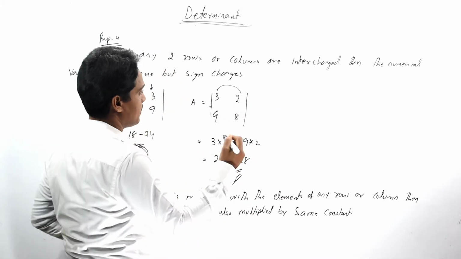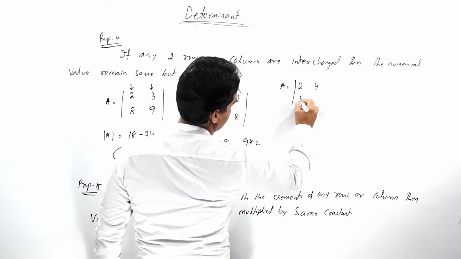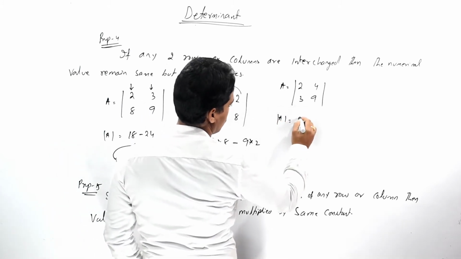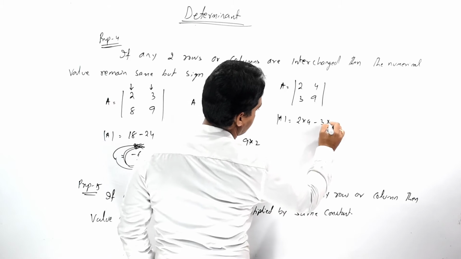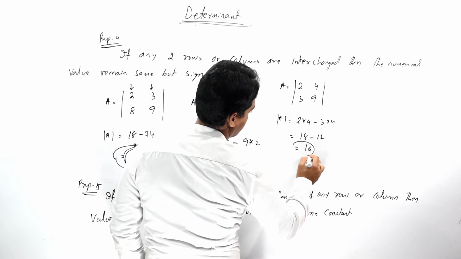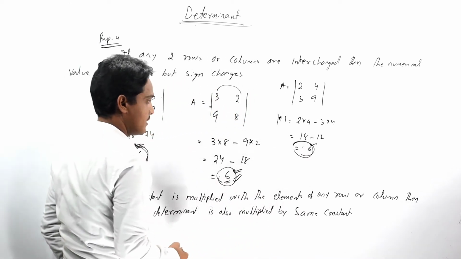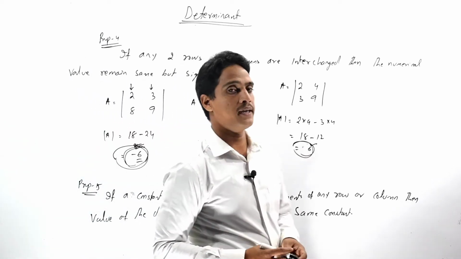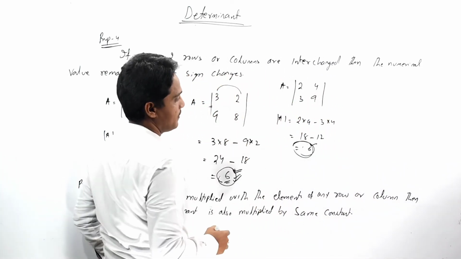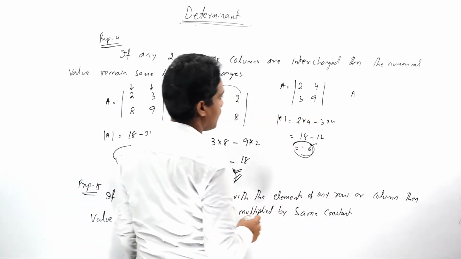So let's take an example. Suppose A is 2, 4, 3, 9 and the value of the determinant is 2 into 9 minus 3 into 4, that is 18 minus 12 is 6. So the value of the determinant is 6. Now we multiply a constant, say 3, with the elements of our first row.